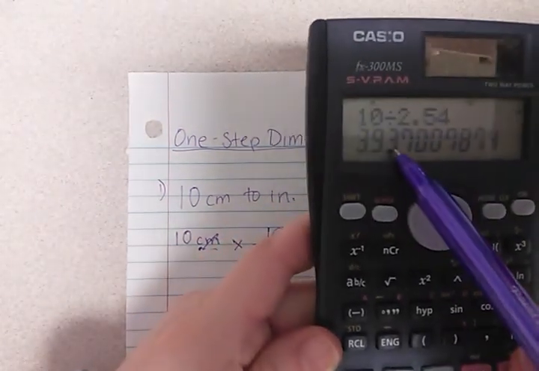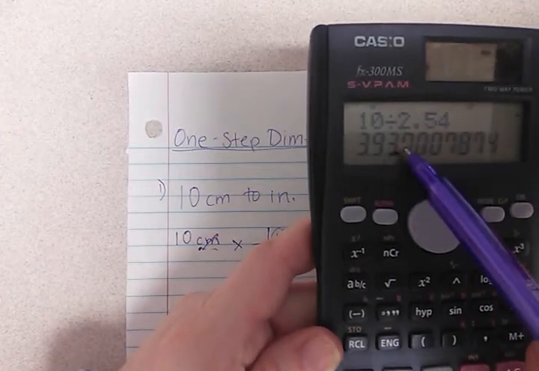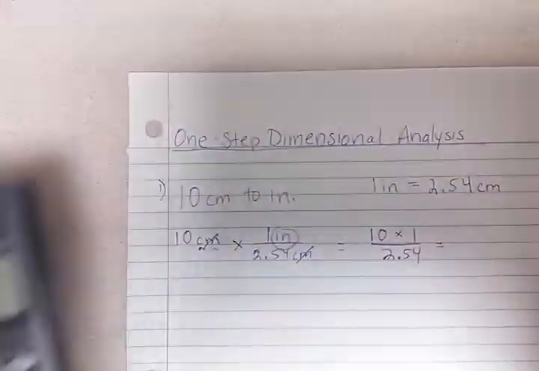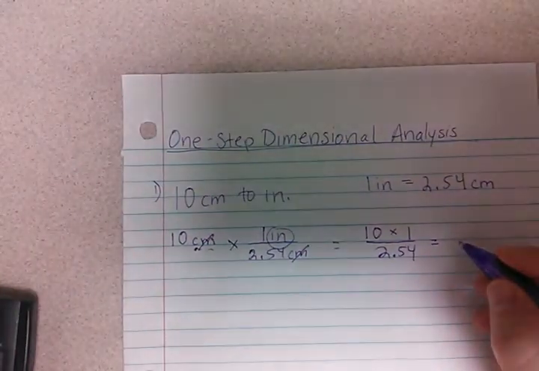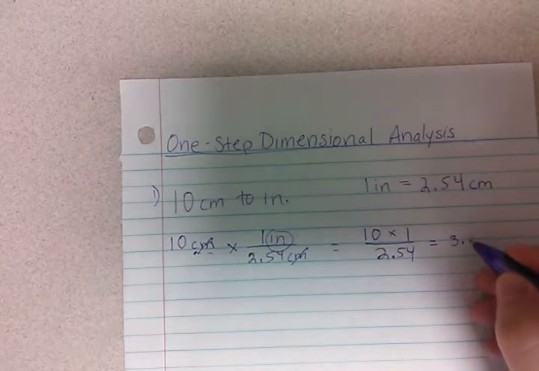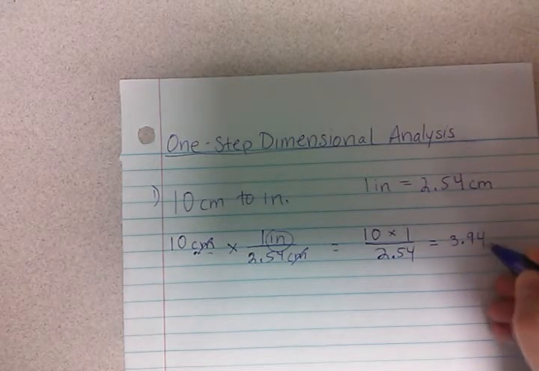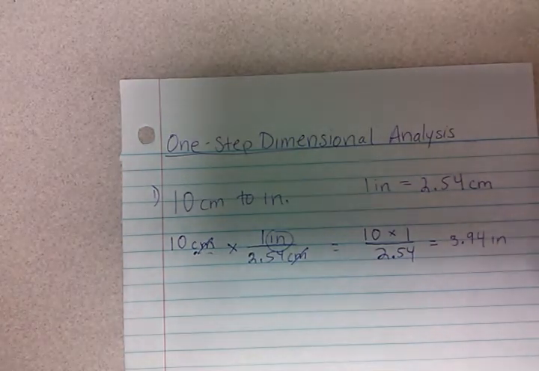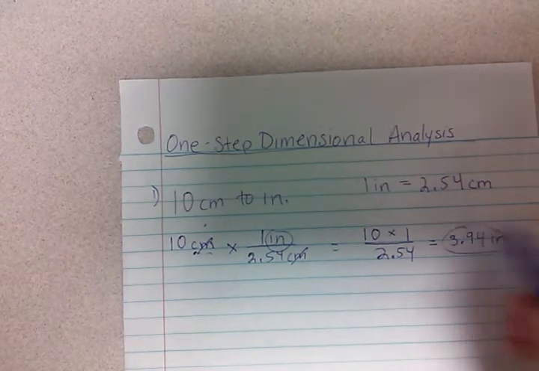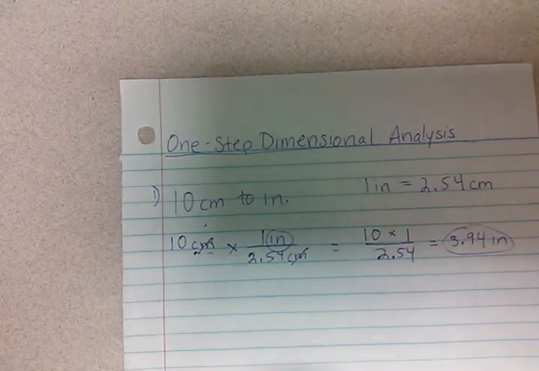I'm going to round this 3 up to a 4 because the number that comes after it, 7, is above 5. So 10 centimeters is the same as 3.94 inches.